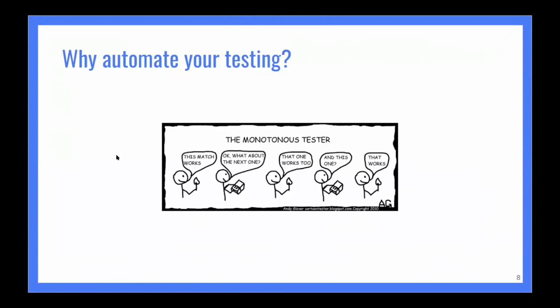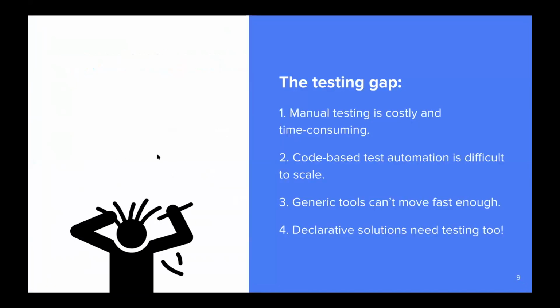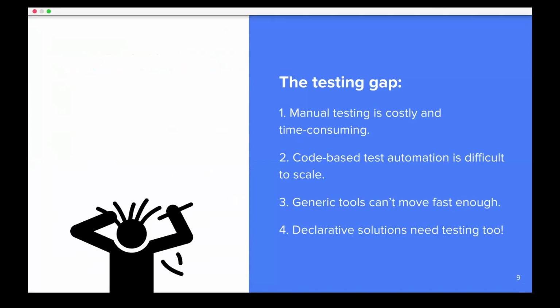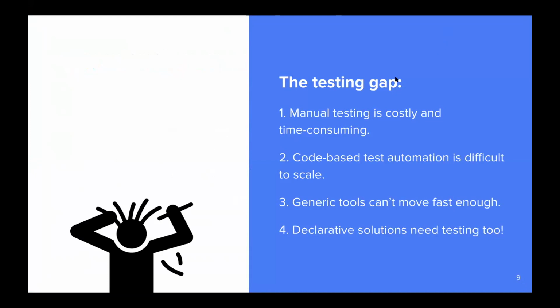If you'll move to the next slide, we've got a lot of really painful problems when it comes to manual testing. Like I said, it's time consuming, it's monotonous. Code-based automation is just really, really difficult to scale. It sounds great on paper, but it introduces a whole other level of maintenance costs that you don't ever factor in.